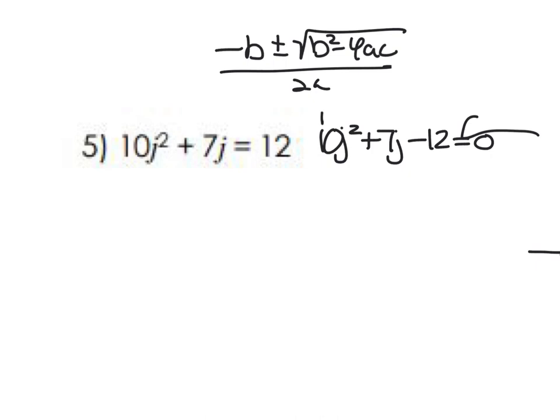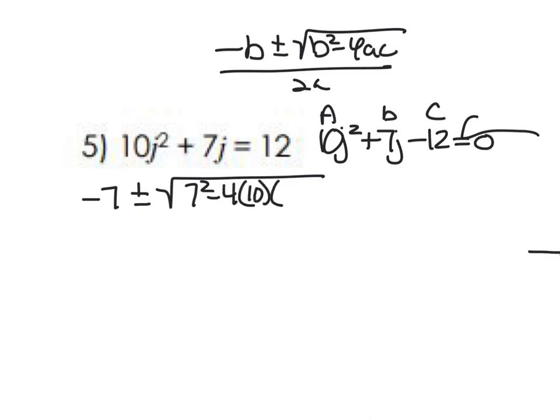All right, so a, b, and c. Negative b plus or minus the square root of b squared minus 4 times a times c, divided by 2 times a. All right, let's just do the discriminant part. 7 squared minus 4 times 10 times negative 12.